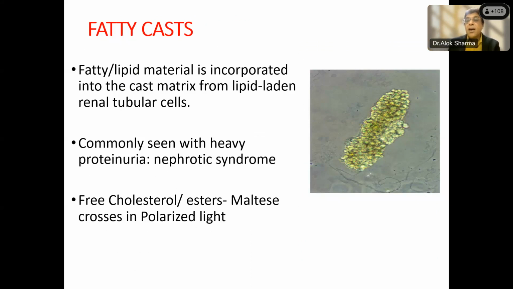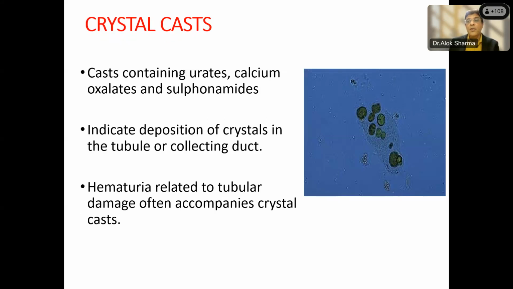So you can easily identify these fatty casts in urine. And of course, as I've told you, any cellular element or any element in urine can get incorporated into that cast. And depending on what crystals are there in the surrounding, these crystals can get enmeshed, entrapped into that meshwork and form casts of the same name.